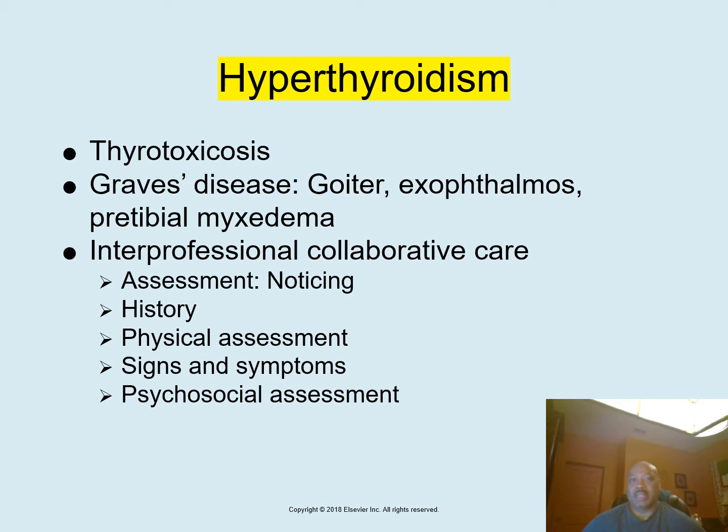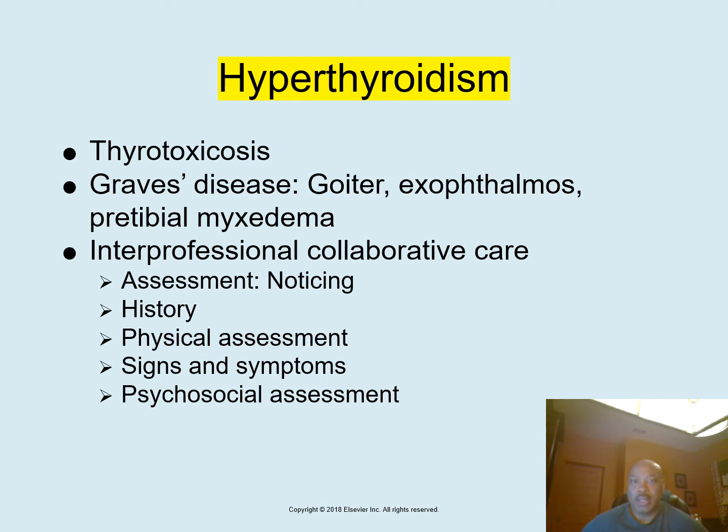So hyperthyroidism can also be due to multiple thyroid nodules called toxic multinodular goiter, meaning the nodules are enlarged thyroid tissue or benign tumors, so they're not really cancerous. We talked about the exophthalmos or protrusion of the eyes, and the pretibial myxedema.